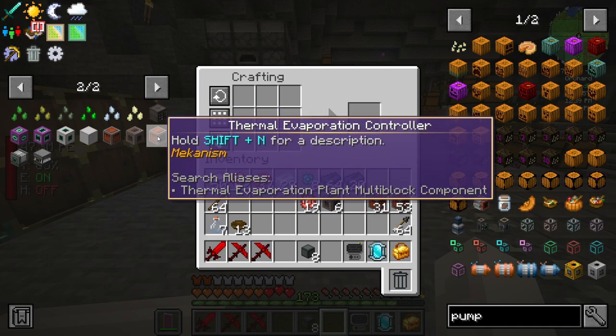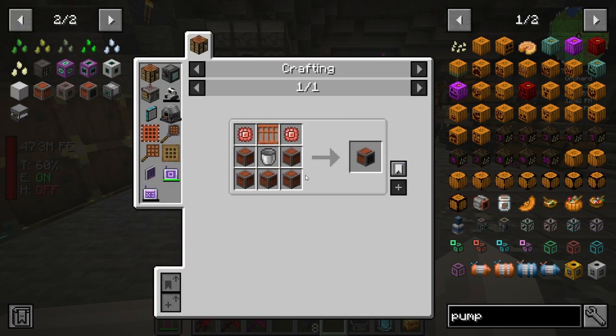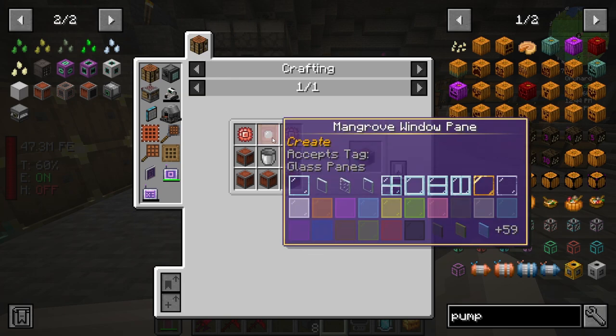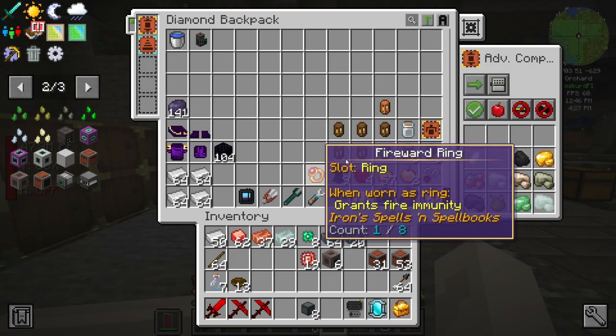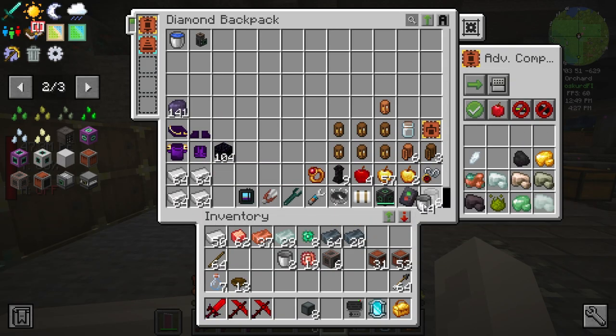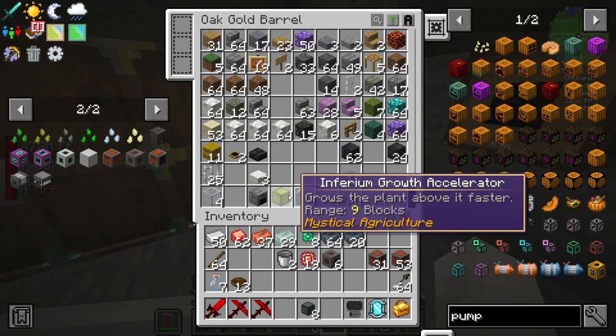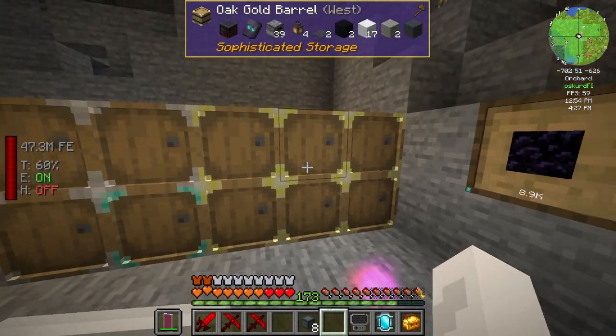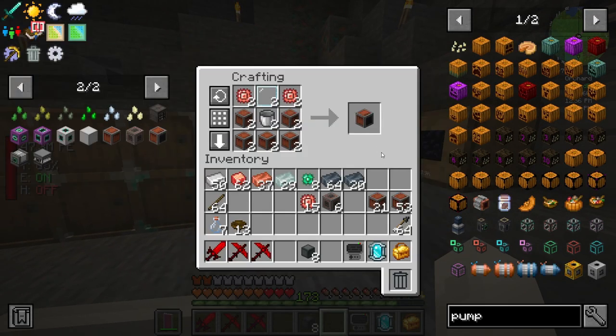And then this controller is made from a panel and bucket. So 2 buckets, 2 panels, and then those controllers.